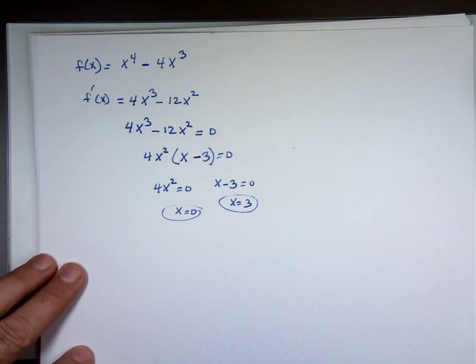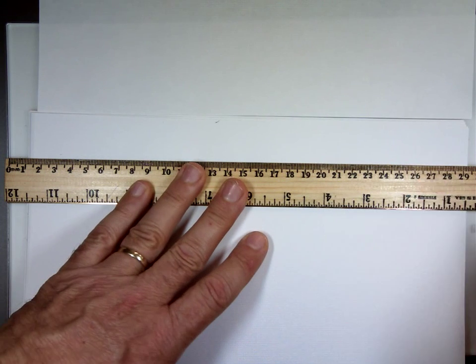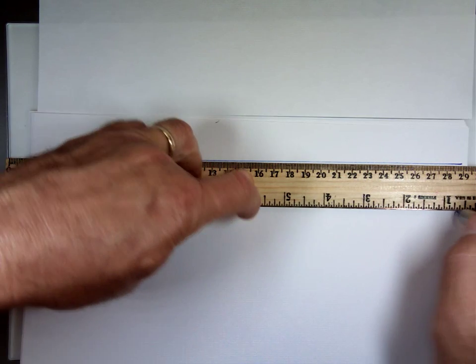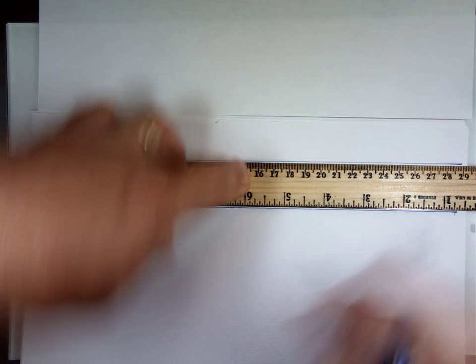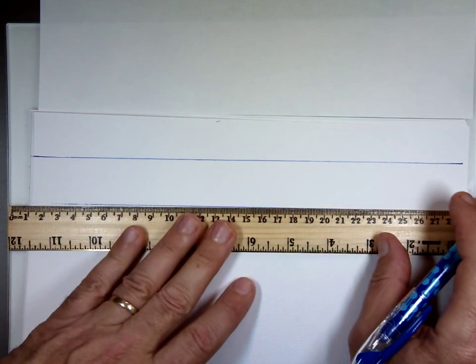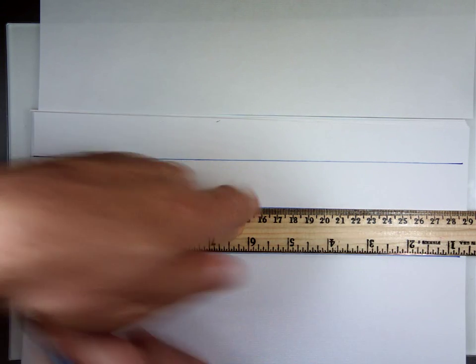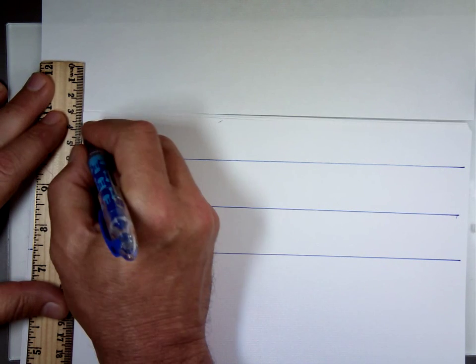I'm going to make my table here. I always make my table on a separate sheet because I'm going to be adding stuff to it. So I like it to be on its own there. One layer for the first derivative, the other layer for the second derivative. So this is the first derivative.